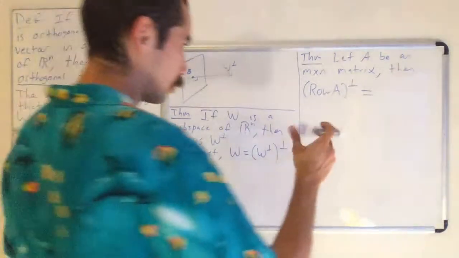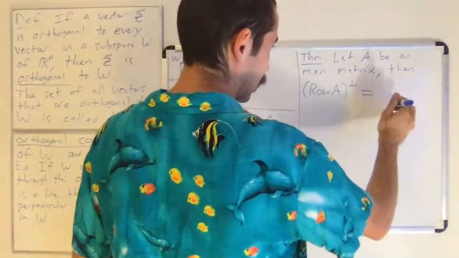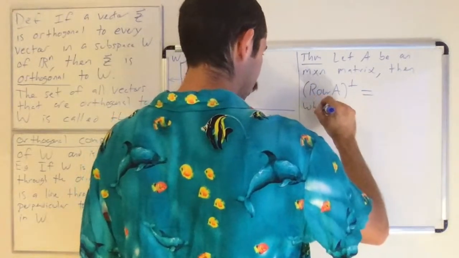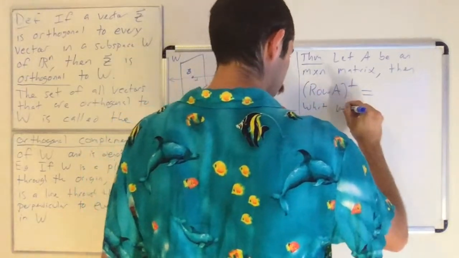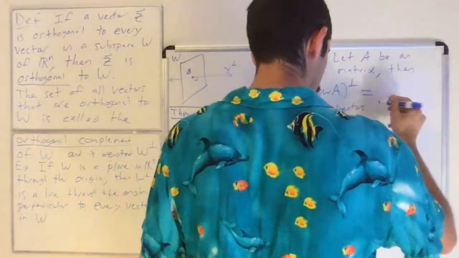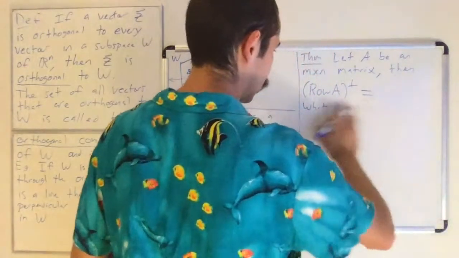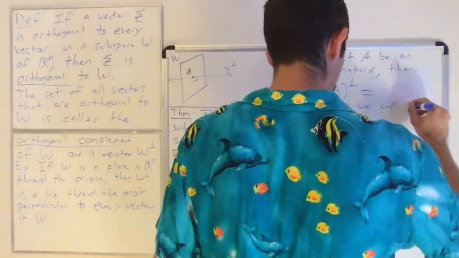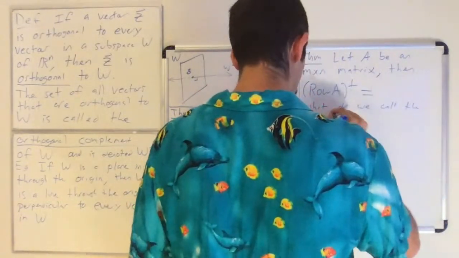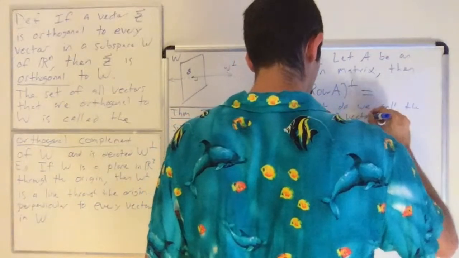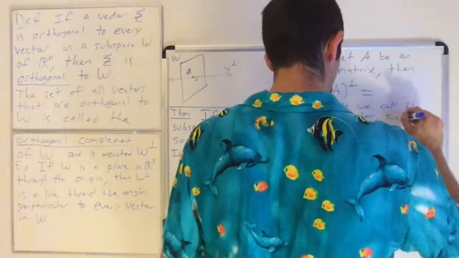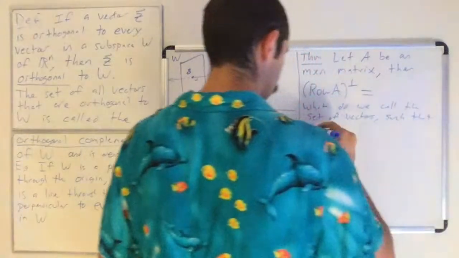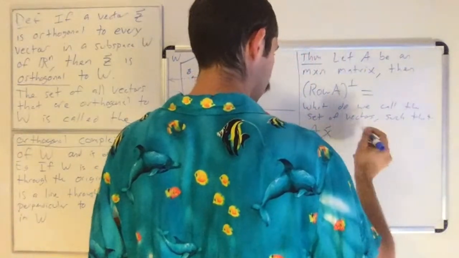So this right-hand side will be what vectors, or what do we call the vectors such that AX equals 0?